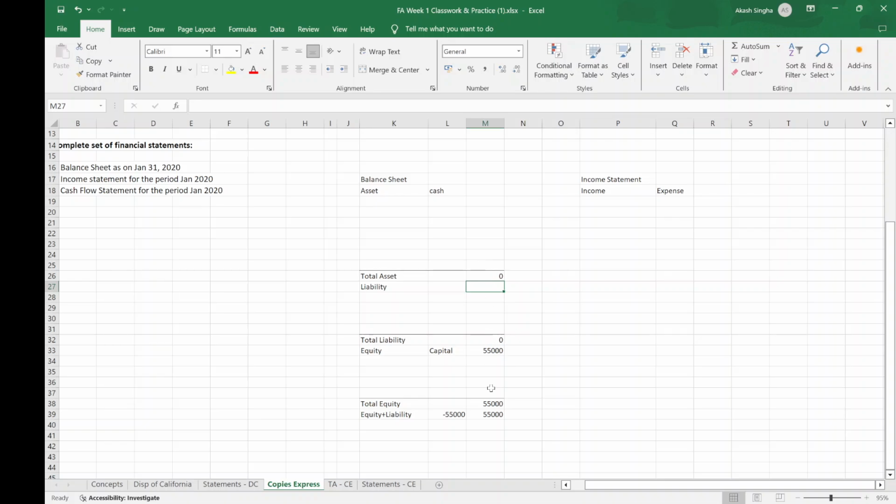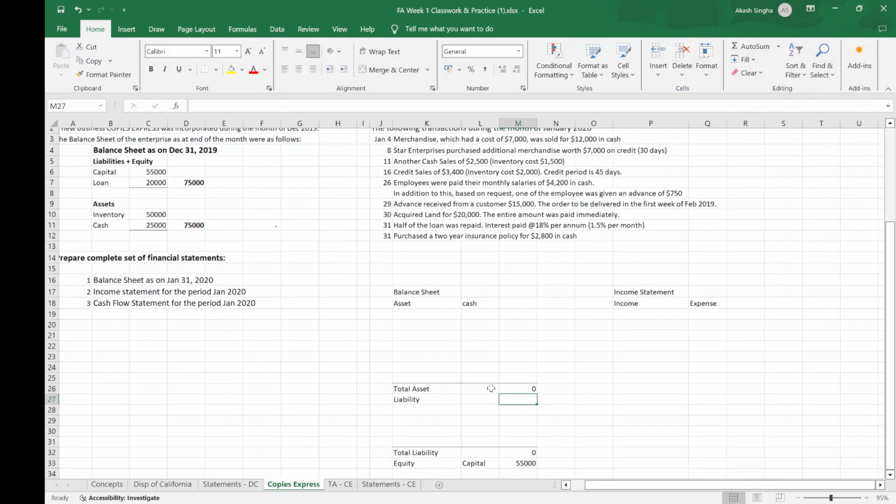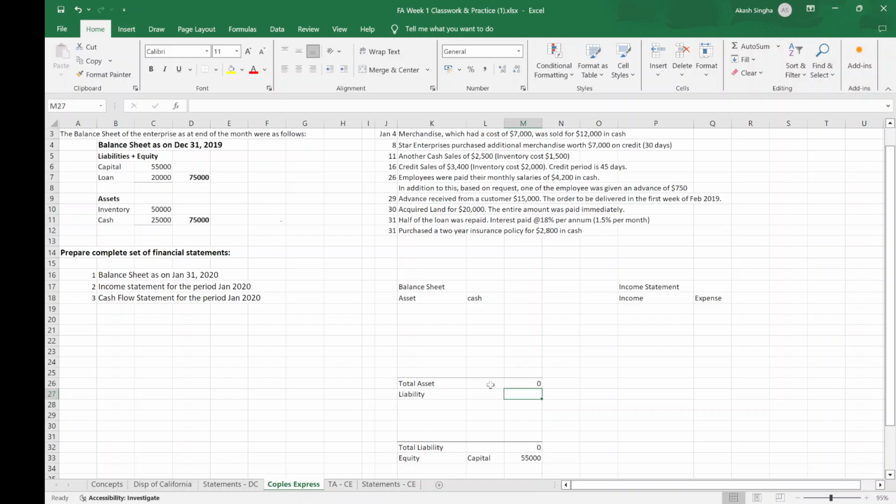Okay, so 55,000 was capital and 20,000 as loan.